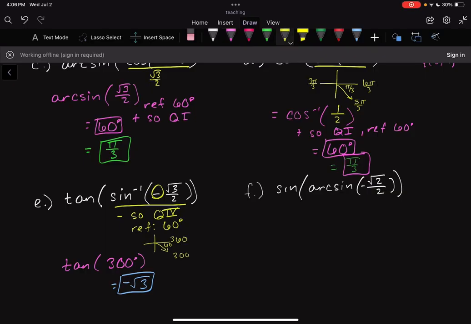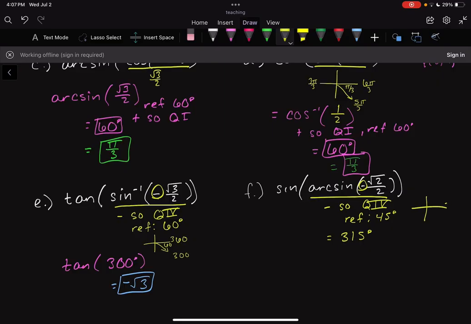Next, arcsine of negative root 2 over 2. Negative means I'm in quadrant 4. I have a reference of 45 degrees. Quadrant 4, 45 degrees, is going to be 315.